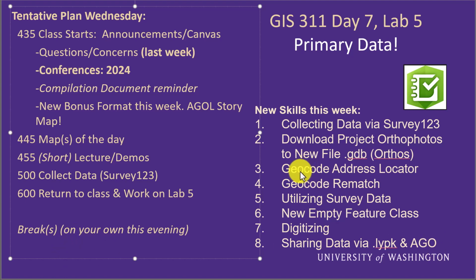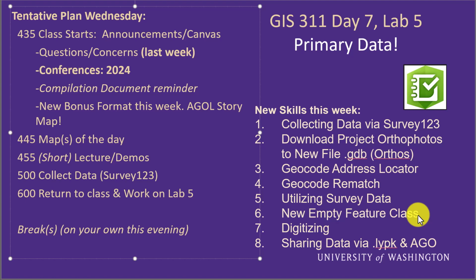You're going to create a geocoding address locator. You're going to rematch addresses this week. Utilize some survey data that you collect. You're going to create a new empty feature class and then digitize new footprints of UW Tacoma or Tacoma buildings based on some of the survey data that you collect.